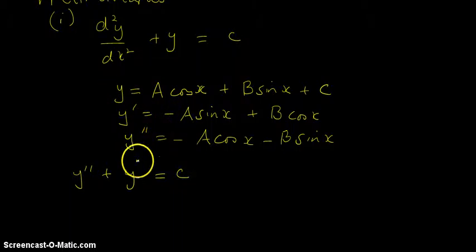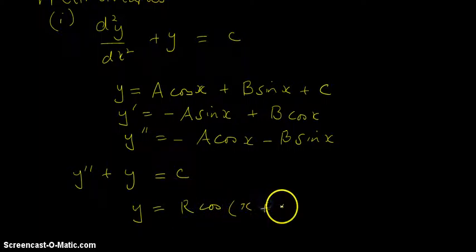So this confirms that this is the solution. In fact, it's the general solution, and it may be written in a more compact format, y equal to, say, r cos of x plus beta, plus the c. So there's the general solution.